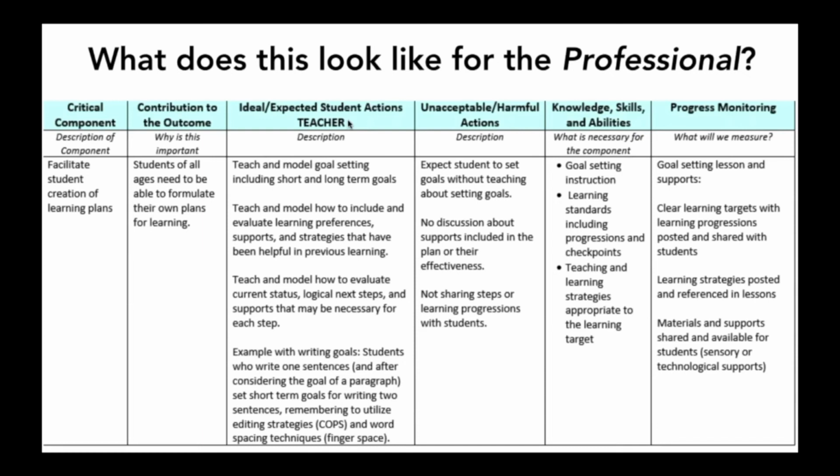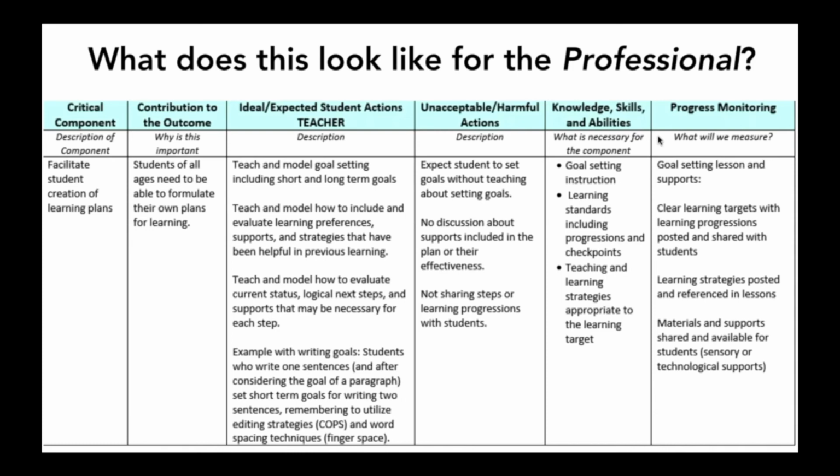Another thing to consider is all students can be expert learners, even low incidence students. So this is for gifted students, this is for students with disabilities, this is for even low incidence students. I remember the first time I shared this with teachers, I had one teacher say, well, I could see this for my advanced class, for my gifted students, but most of my students aren't going to be able to do this.